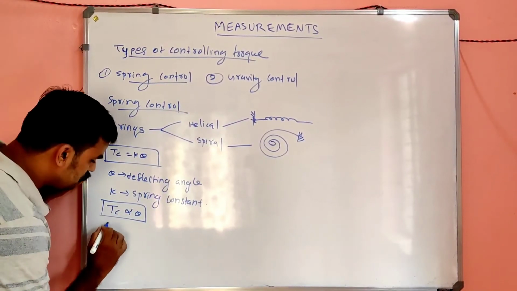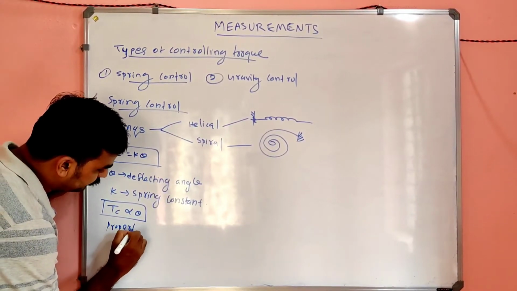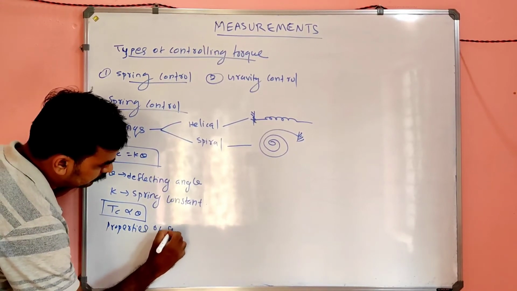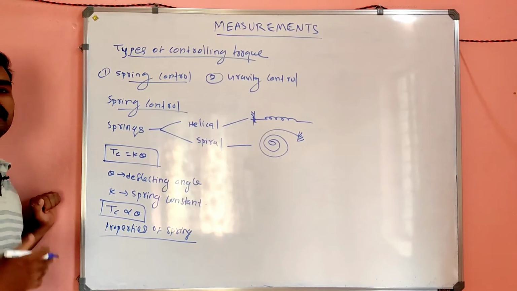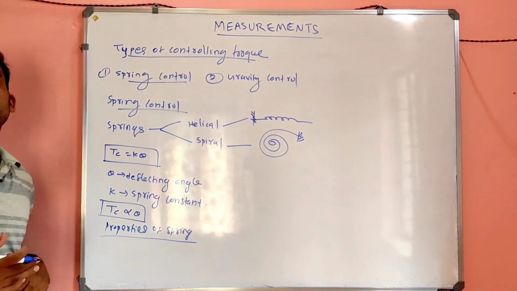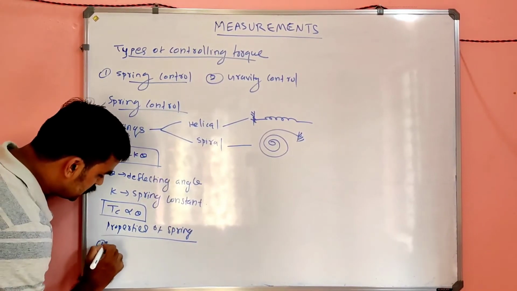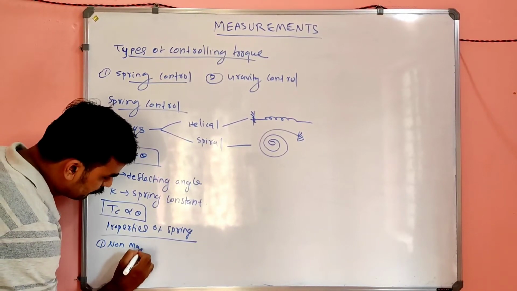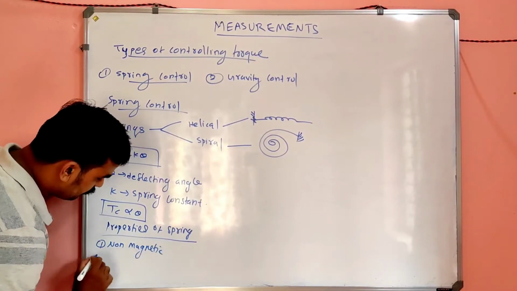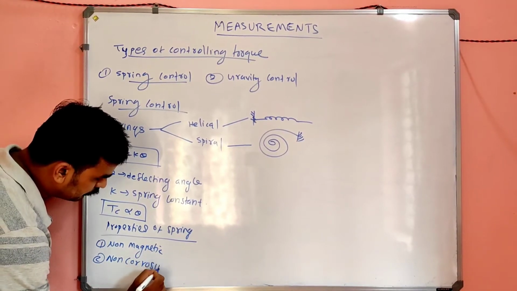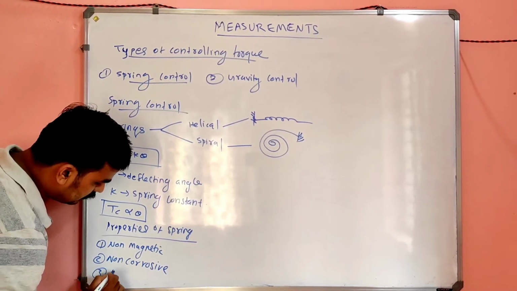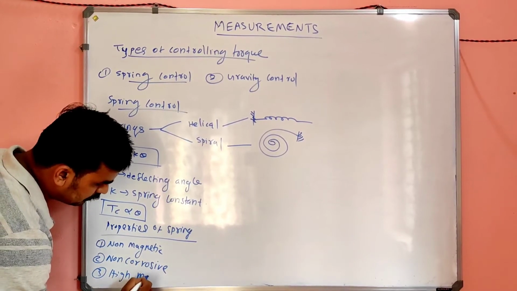What are the properties of a good spring for the spring control method? First, it is non-magnetic. Second, it is non-corrosive. Third, high mechanical strength.